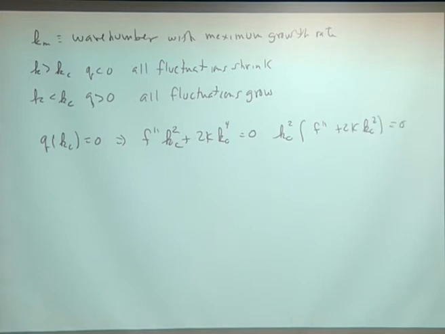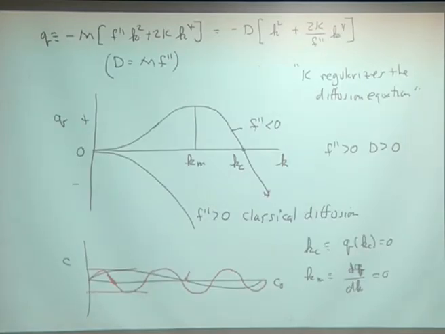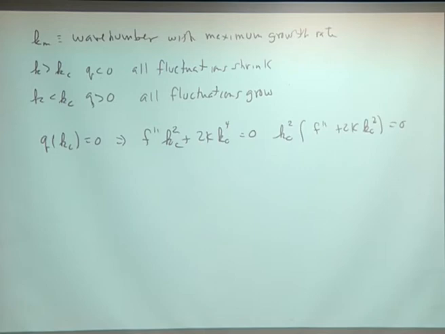So there are two solutions, k sub c equals 0, which is basically this case down here, which we're not interested in, and we're interested in the one at non-zero k sub c, which would be this one. So you get k sub c is going to be equal to the square root of minus F double prime over 2 kappa.